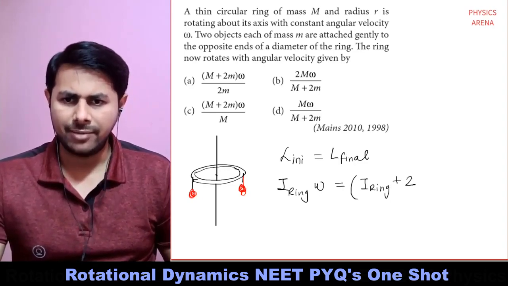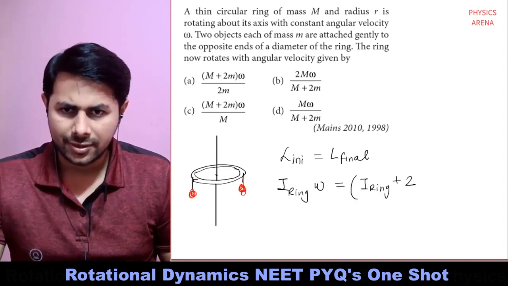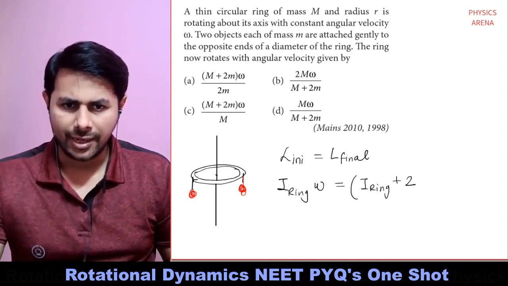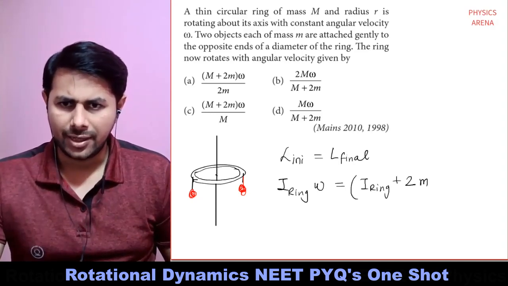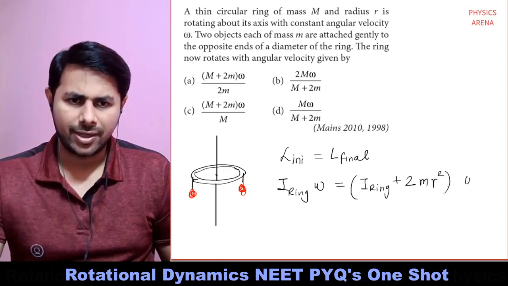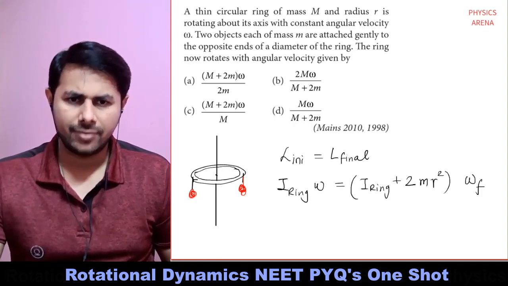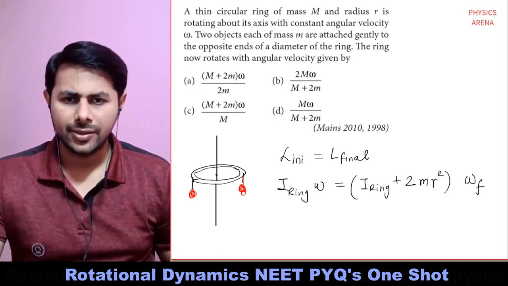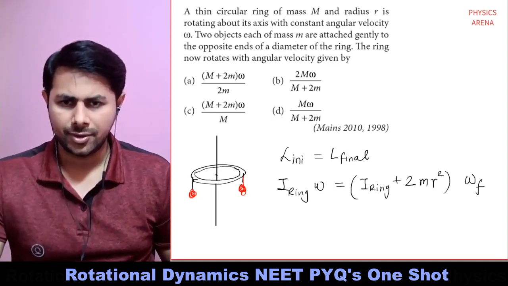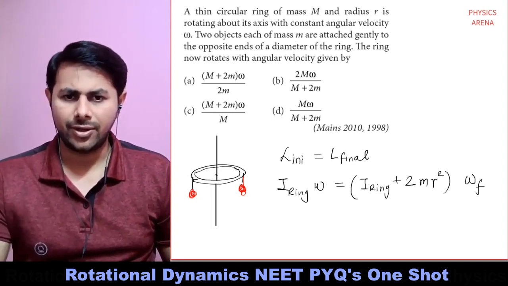So that will be 2 times mass, small m, multiplied by r square, mr square, multiplied by omega final, and we have to find out final omega only. So I of ring is what?